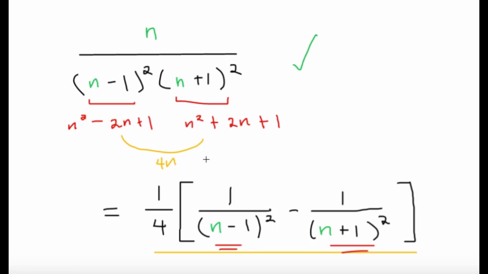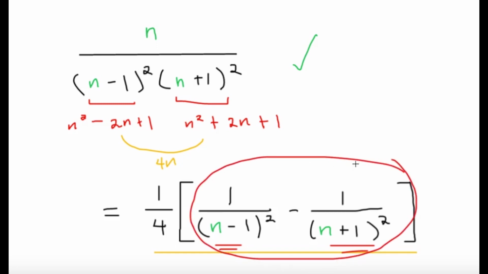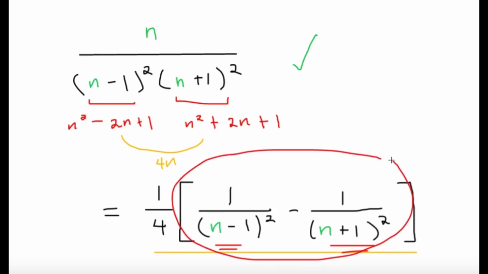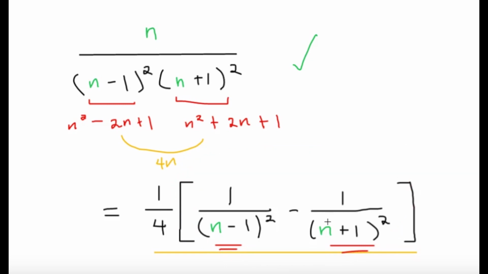So it's nice because I have an n in the numerator. All I need is a factor of 1/4 in the front. Because if you try to put this into one fraction, it's going to be 4n over the product of the denominators. Hence I need the factor of 1/4. So sometimes getting the partial fractions might be obvious at first glance.